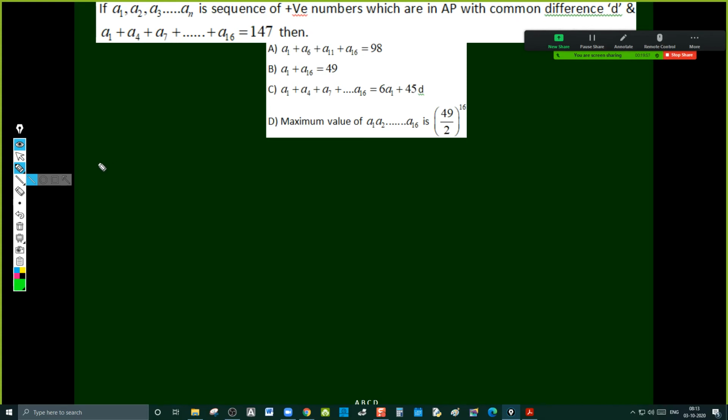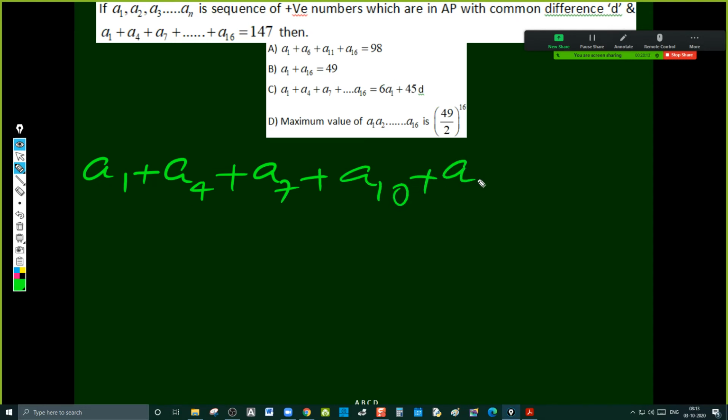That is A1, A4, A7, plus 3 added, A10, A13, A16 is equal to 147, given.